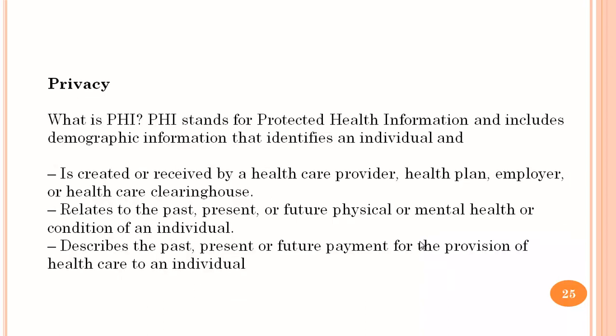Privacy. What is PHI? PHI stands for Protected Health Information. It includes demographic information that identifies an individual and is created or received by healthcare providers, health plans, employers, or healthcare clearinghouses. It relates to past, present, or future physical or mental health or condition of an individual. It describes the past, present, or future payment for the provision of healthcare to an individual.